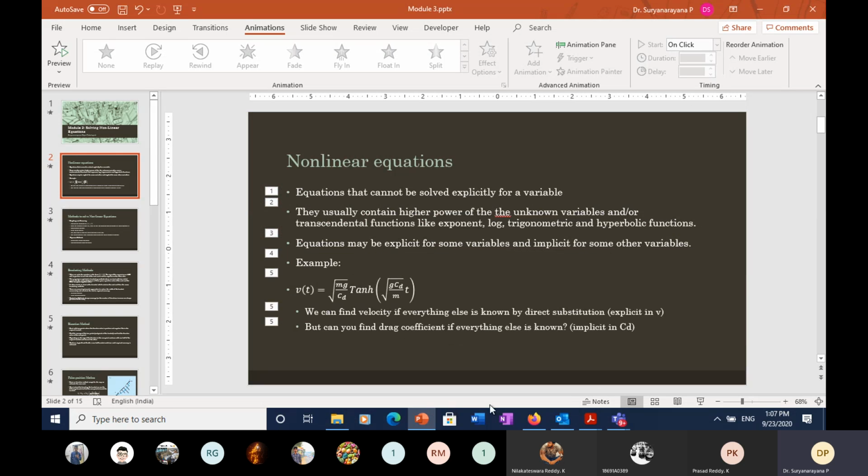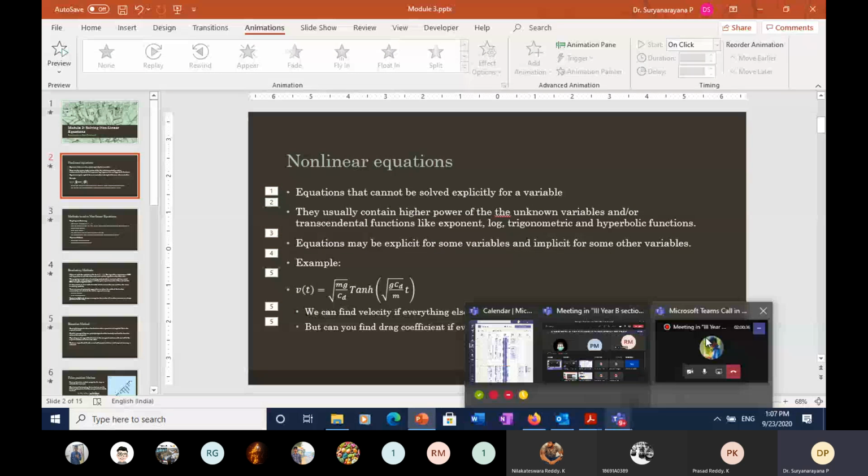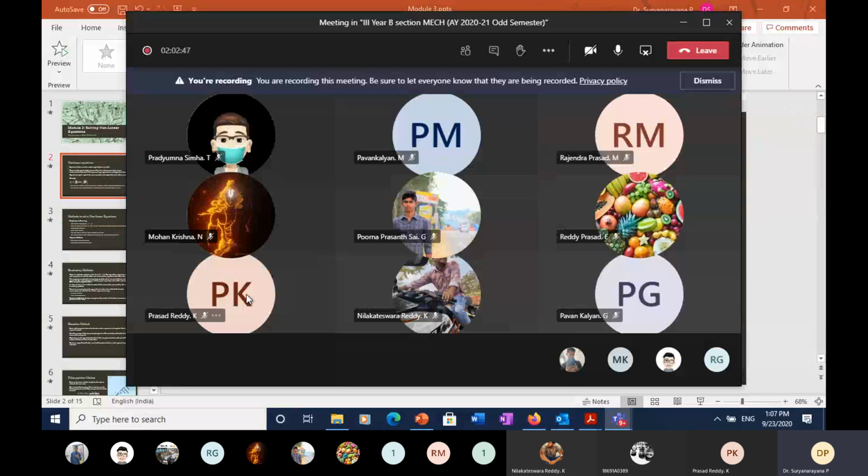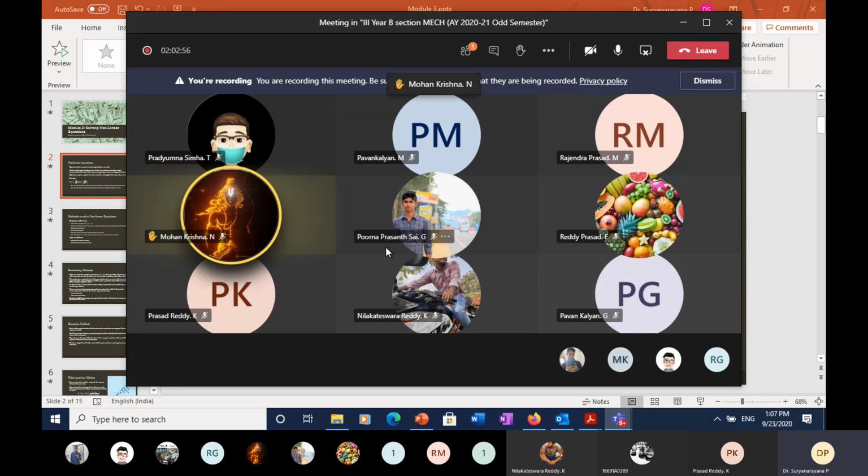What does it mean when you're not responding? No, at least one person. Maybe I'll take some names, 1 second. I think because of collective responsibility, then nobody takes responsibility. I'll call some names here. Okay, Mohan Krishna N. Mohan Krishna, you're there? Mohan Krishna, you'll have to unmute your mic and speak. Yes, I can see your hand, but I want you to unmute your mic and answer my question.